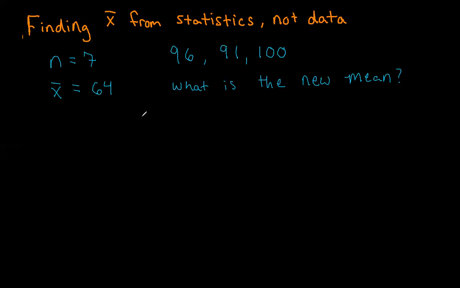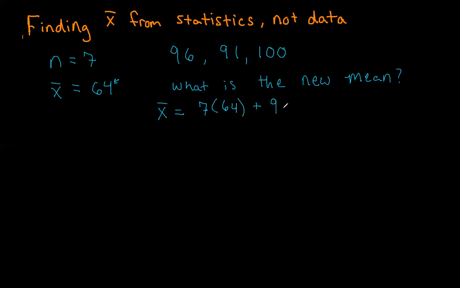So what I mean is, for finding our new mean, our new x bar, all we would need to do is take 7, which is going to represent the 7 students that took this quiz right here, and multiply it by 64. And then we can add the 3 new scores.